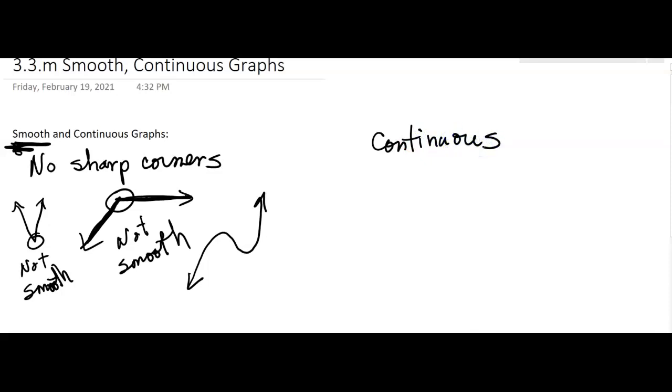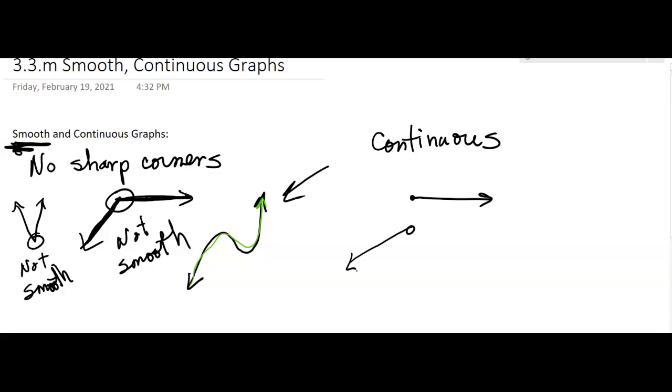Okay? What do we mean by continuous? Continuous means if you trace it with your pencil, you don't lift your pencil. So this is continuous. I can trace it without lifting my pen. But if I had a graph or a function that was something like this, now I've got a problem because it jumps.